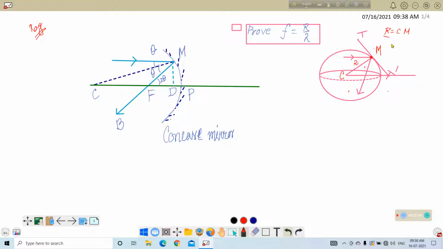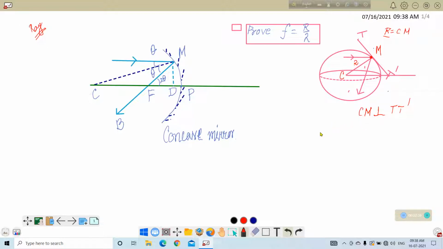R is equal to radius of the circle, and T prime is the tangent, and we know from our geometrical concept that CM is perpendicular to T prime. Okay, actually tangent and radius are perpendicular to each other. It is your concept from geometry.